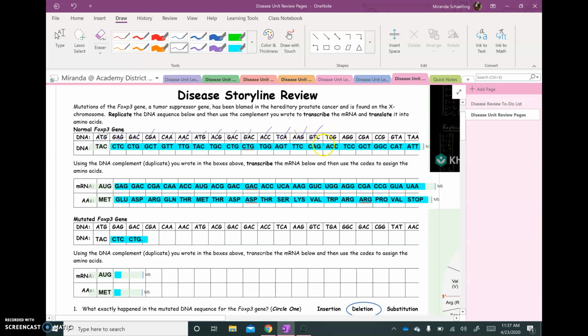In here it's TGG and in here it's TGA. Now this one is AGG, and here I can see AGG and I can see CGA. Obviously we are missing a G here, so it's a deletion.